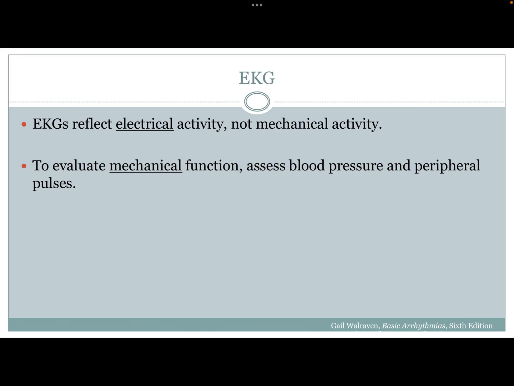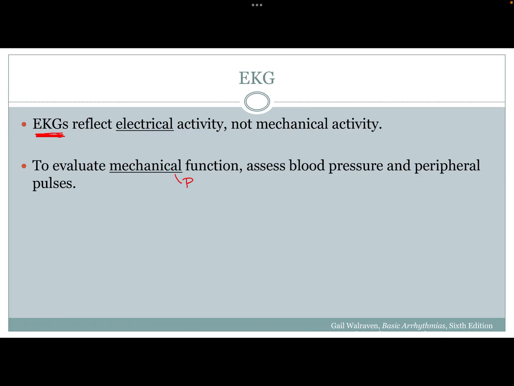Now, when it comes to the EKG, you need to remember that the EKG reflects electrical activity, not mechanical. If you want to assess mechanical, you need to be checking a pulse. You need to look at the blood pressure. So EKGs are about electricity.